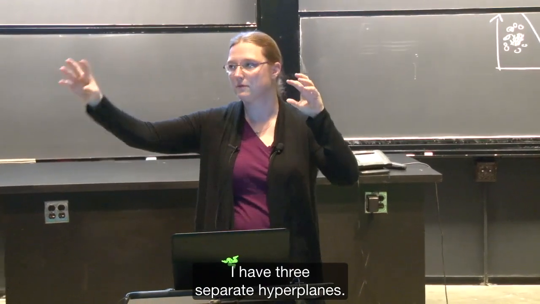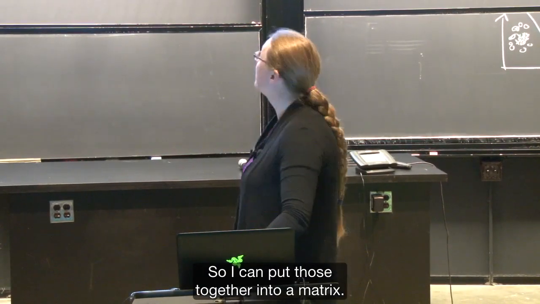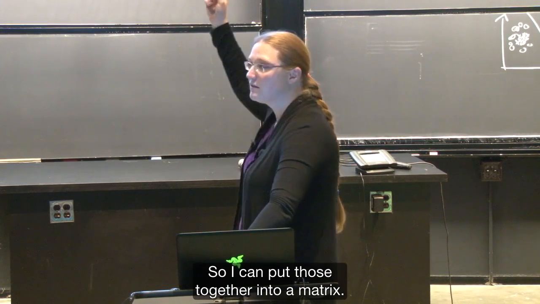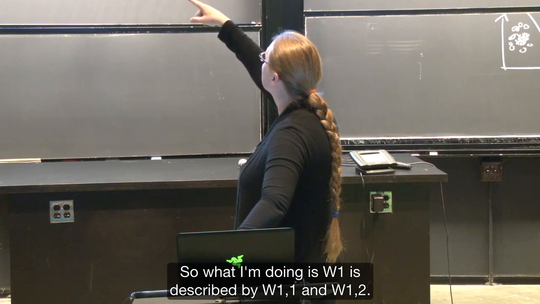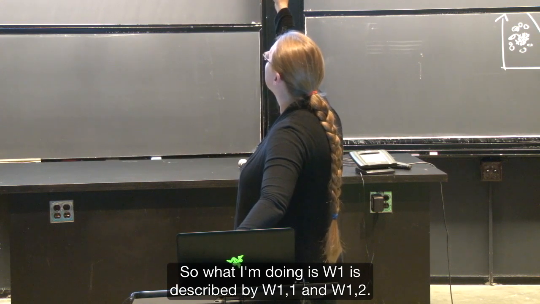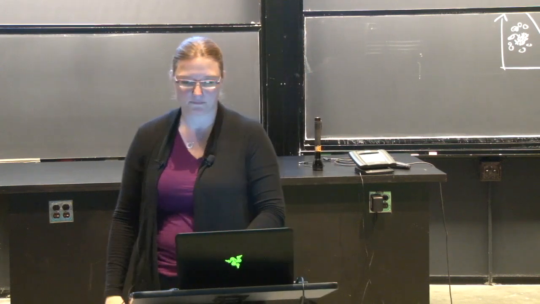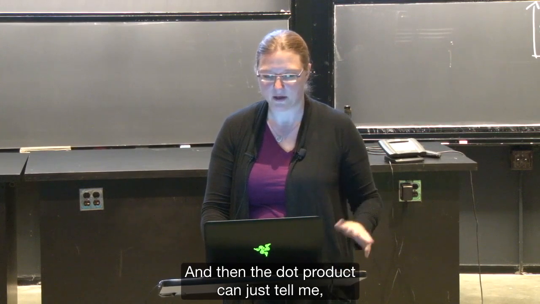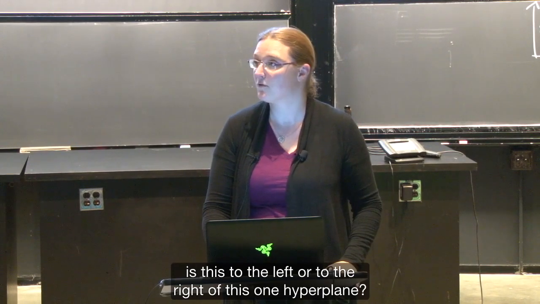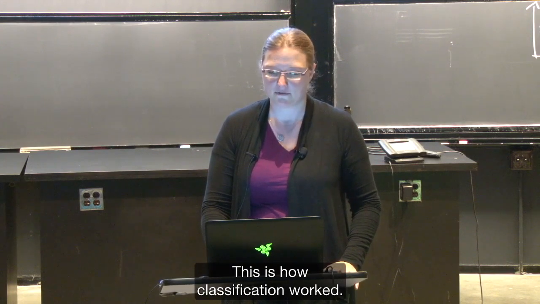I have 3 separate hyperplanes. So I can put those together into a matrix. W1 is described by W11 and W12, right? And I just put those weights into a matrix. And then the dot product can just tell me, is this to the left or to the right of this one hyperplane? This is how classification worked.